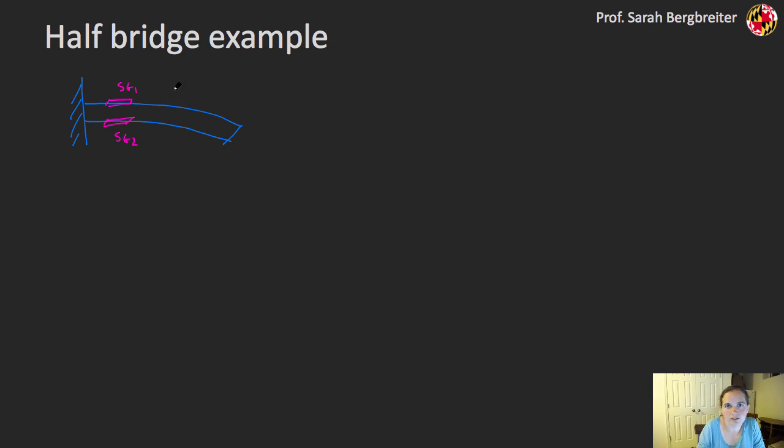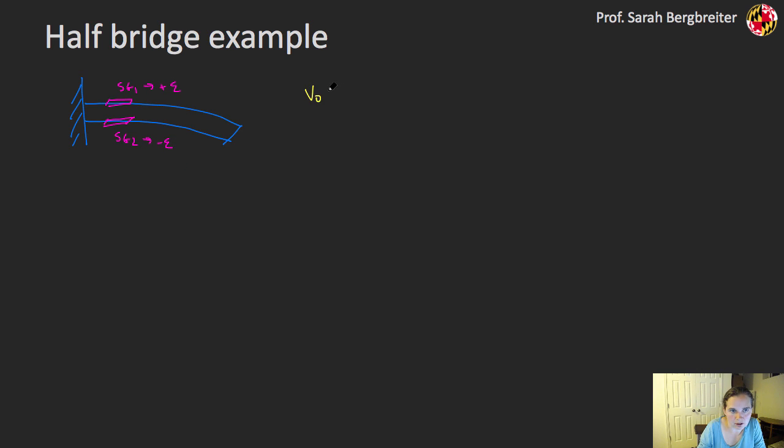Let's look at a quick example of that half bridge strain gauge. In this case, I have a cantilever beam, and I have one of those strain gauges on the top of the cantilever beam and one on the bottom. So this top one is going to be undergoing tensile strain, so that'll see a plus epsilon. The bottom one is compressive strain, so that will see a minus epsilon.